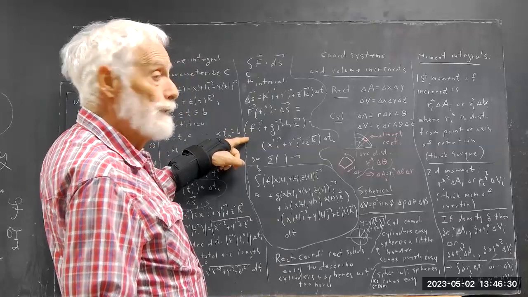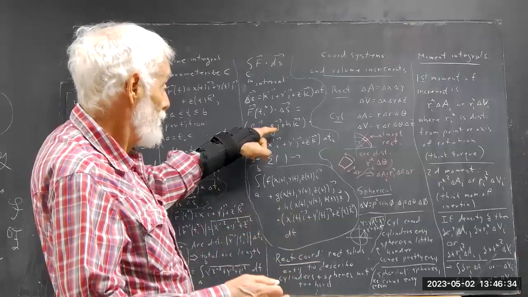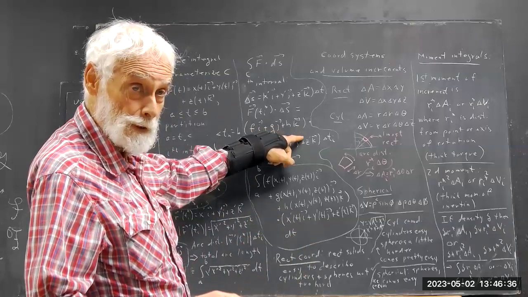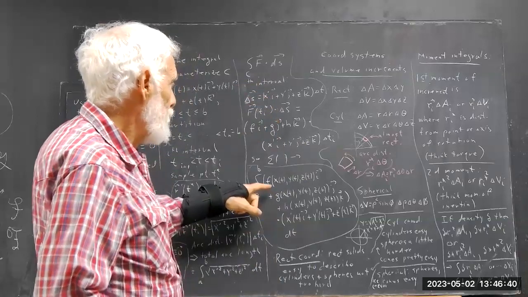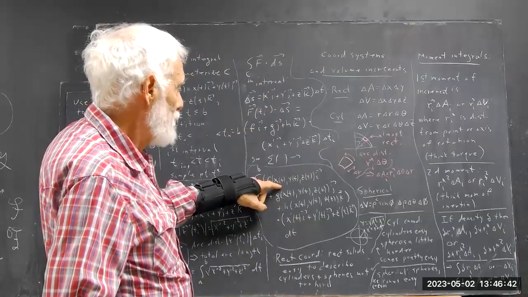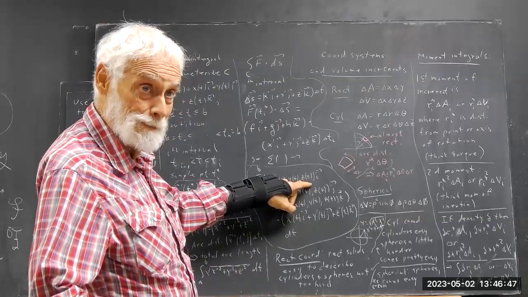This F is a function of where you are in space, x, y, z. We parameterized everything in terms of t, so I have to write that as F of x of t, y of t, z of t. I want to write it out completely on the top.